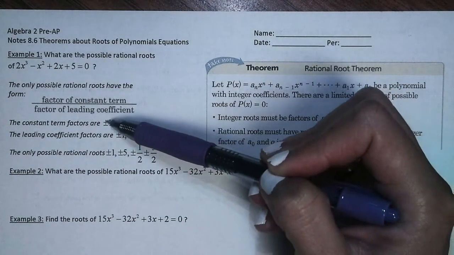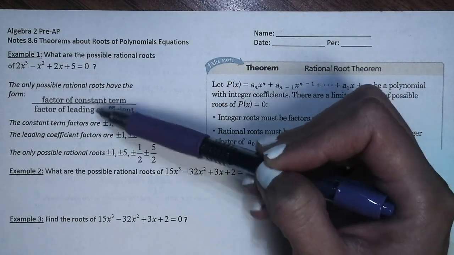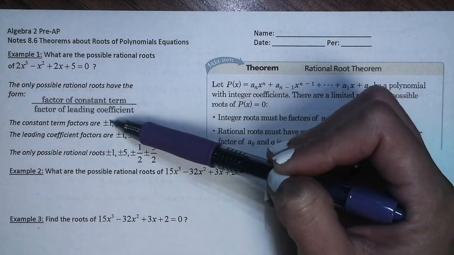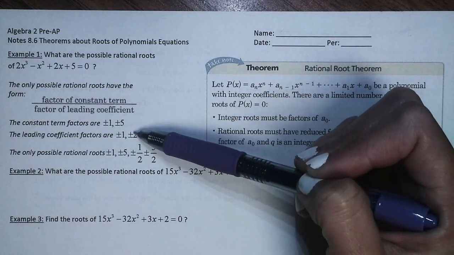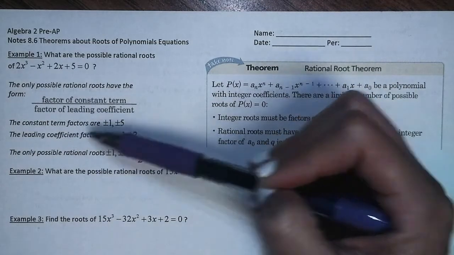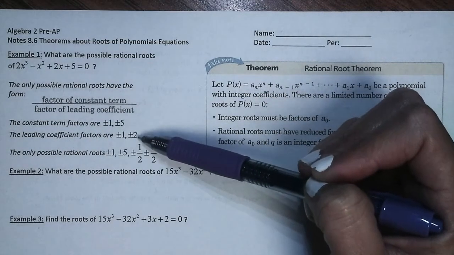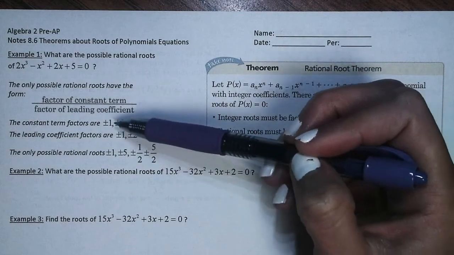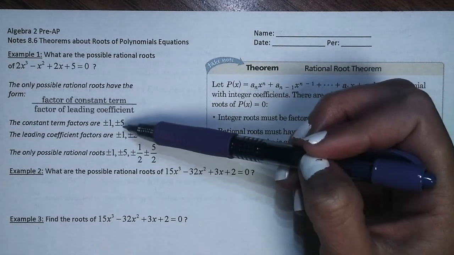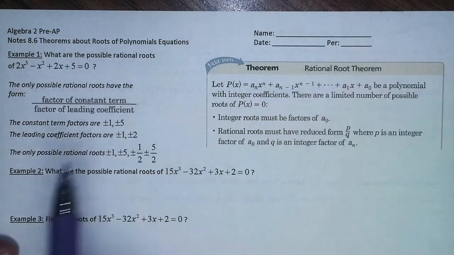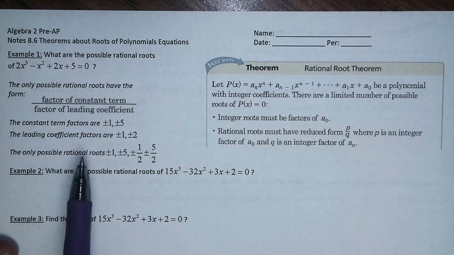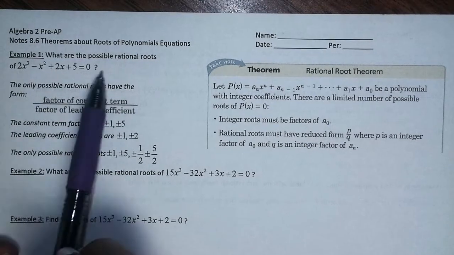And then you do it again. You take the factors of the constant, so the plus minus 1, plus minus 5, and now you divide by the other factor of the leading coefficient, so you divide by 2. So therefore you'll end up with plus minus 1 over 2 and plus minus 5 over 2. So those are the only possible rational roots of this cubic.